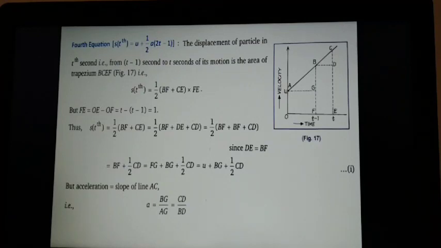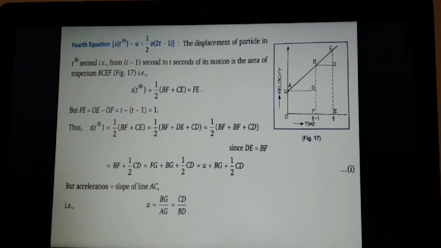Now, from the diagram, BF and DE are the same, so DE you can replace by BF. So S in the tth second will become half into BF plus CD.